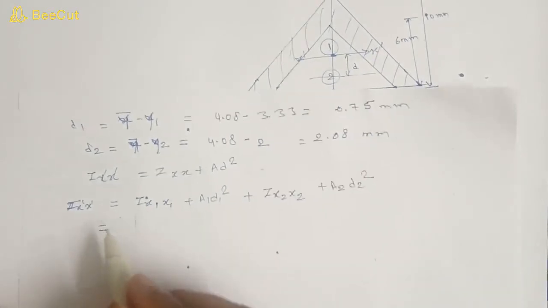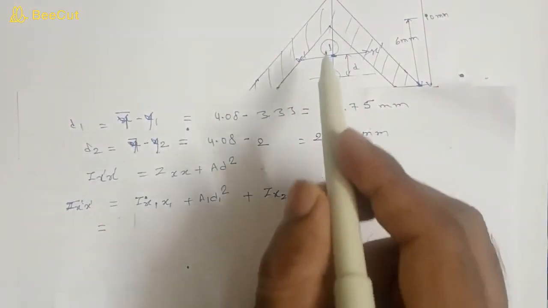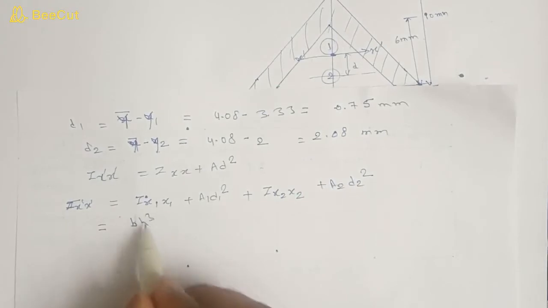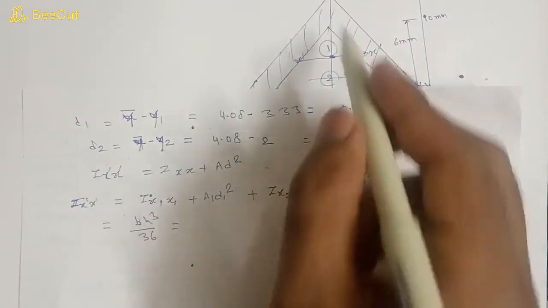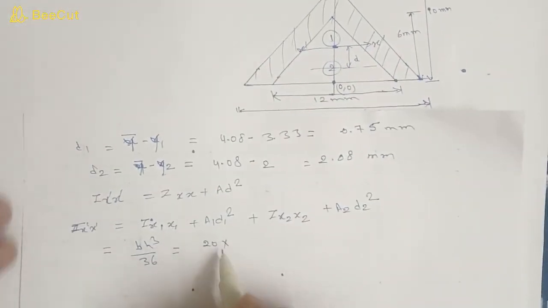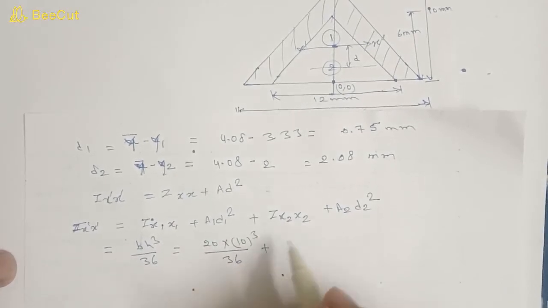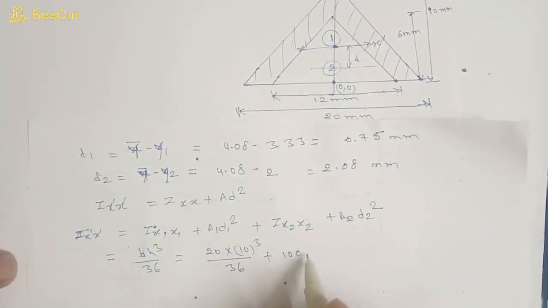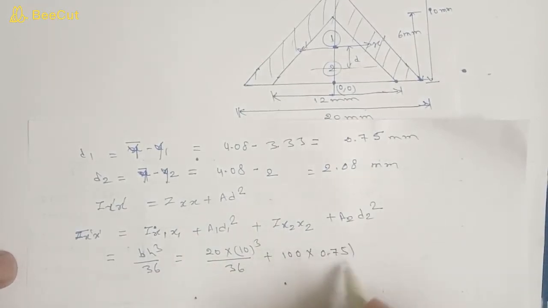The centroidal moment of inertia of a triangle about its centroid is bh cube by 36. So for the larger triangle, b is 20, into h is 10 to the power cube, divided by 36, plus the area, half into 20 into 10, which is 100, into d, 0.75 to the power 2.